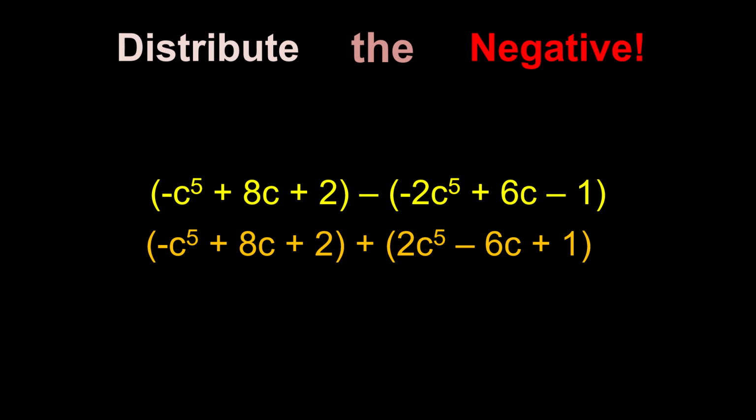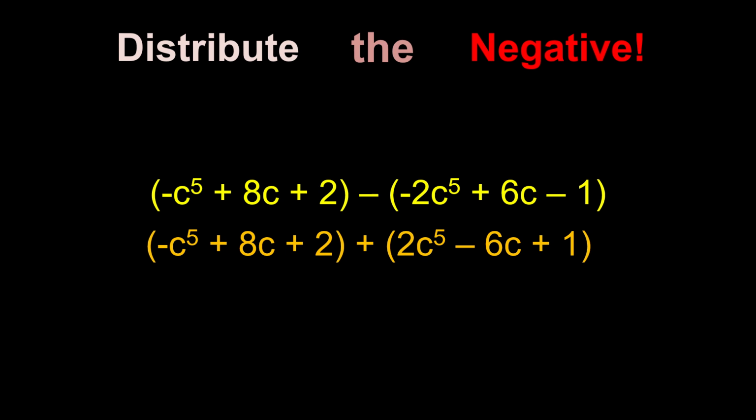So once we've done that, we're pretty much using keep, change, change. The whole first part of the problem is going to stay exactly the same. It's kept. Nothing changes on that one. The minus now becomes a plus, and then everything else in those parentheses, if you take a look, have become the exact opposite of what they were before.